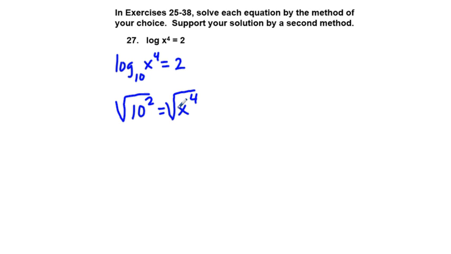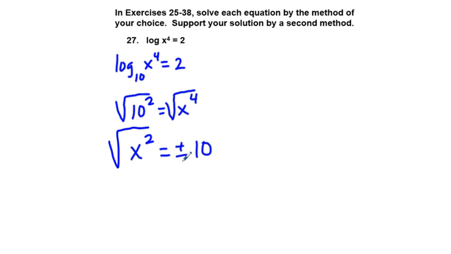So the square root of x to the 4th power is going to be x squared. It's going to be equal to the square root of 10 squared, where the square root and squared cancel each other, so we get plus or minus 10. But really, to solve again, we're going to have to take the square root.